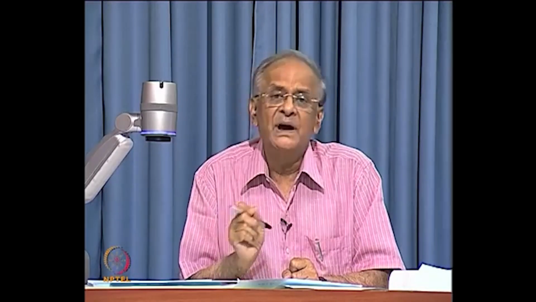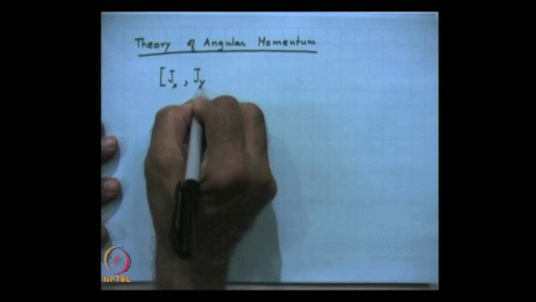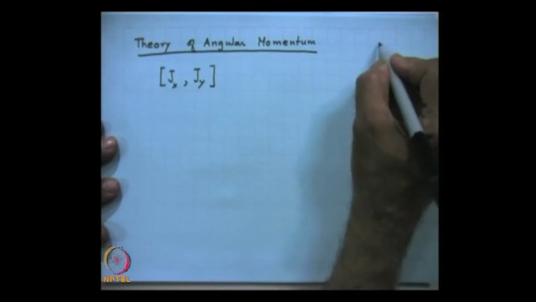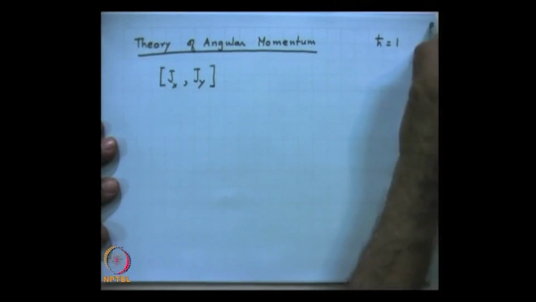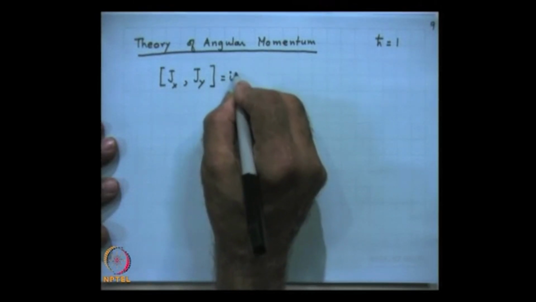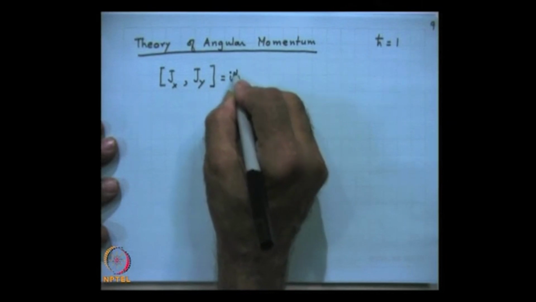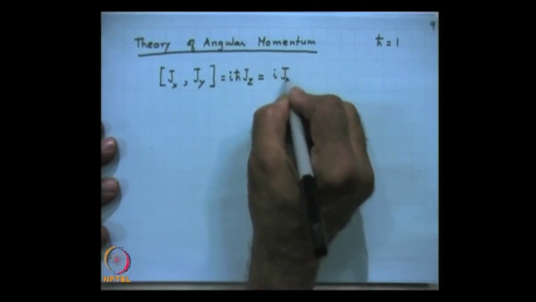So, we replace L, L x, L y and L z by J x, J y and J z, and we start with the theory of angular momentum by saying that J x, J y, and we use the system of units in which h cross is 1. So, we say J x comma J y is equal to i h cross J z, but we assume h cross equal to 1. So, i J z.